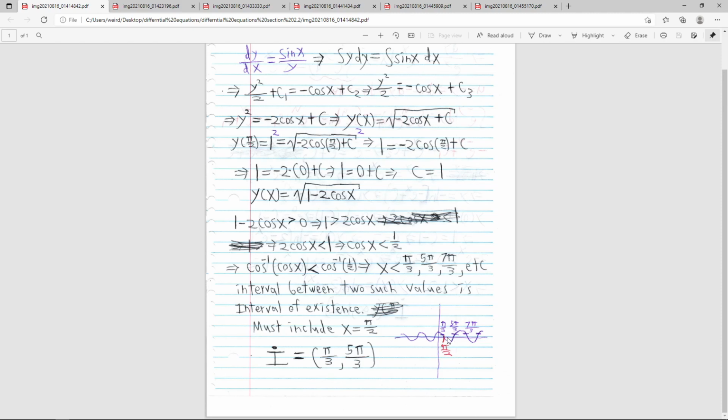We can't include what's above them. From 5 pi thirds to 7 pi thirds is not going to be included because the solution does not exist there. So it's this little region here of the cosine curve I drew out. Its interval of existence is pi thirds to 5 pi thirds.